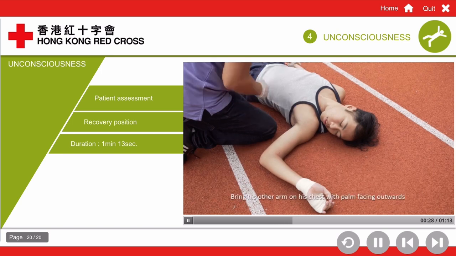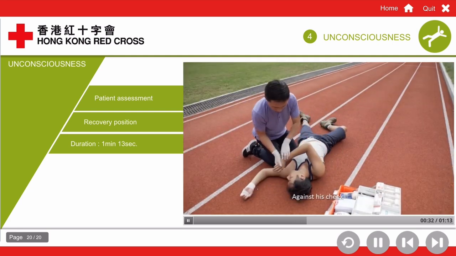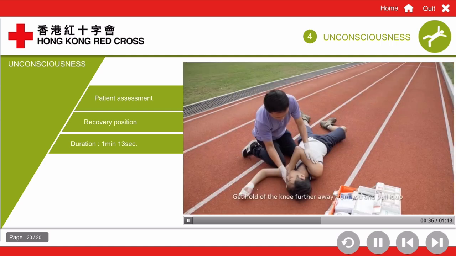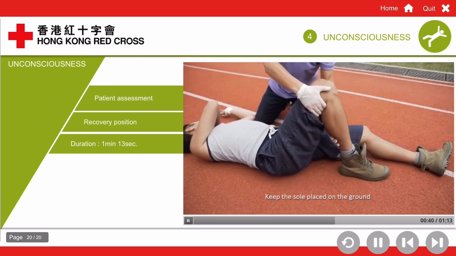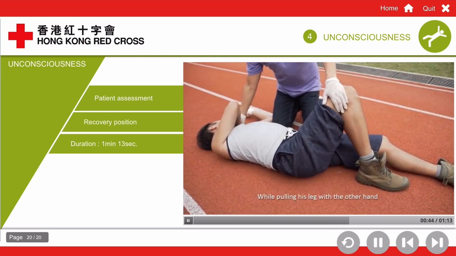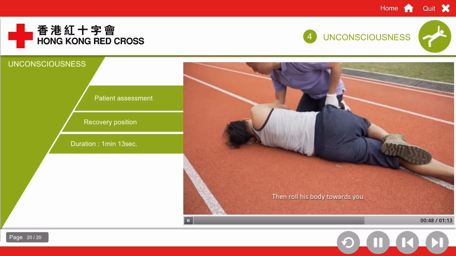Bring his other arm on his chest with palm facing outwards against his cheek. Get hold of the knee further away from you and pull it up. Keep the sole placed on the ground. Support the victim's cheek with one hand, while pulling his leg with the other hand, then roll his body towards you.